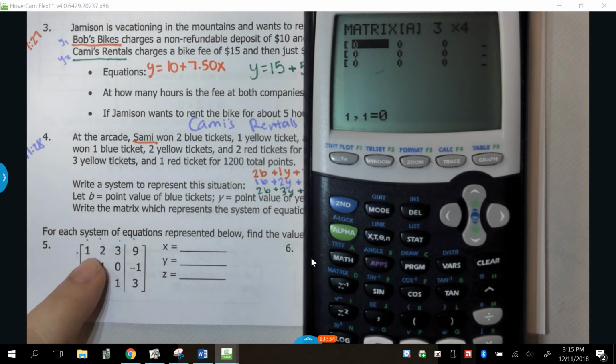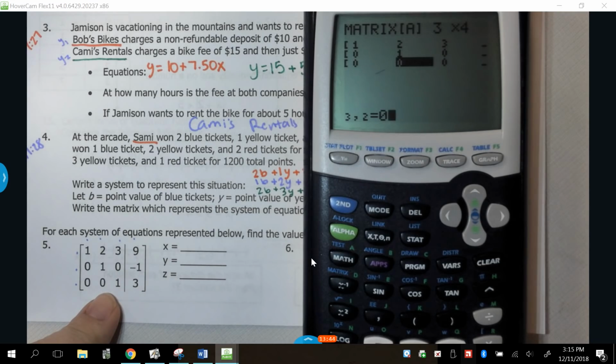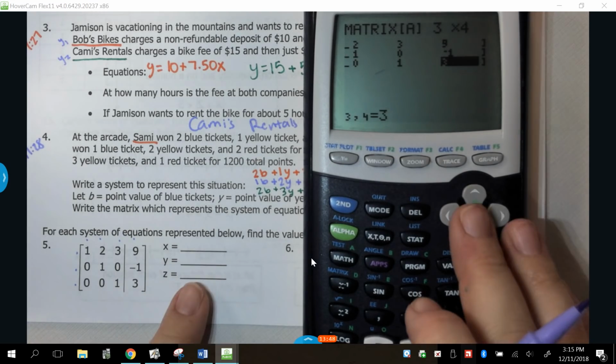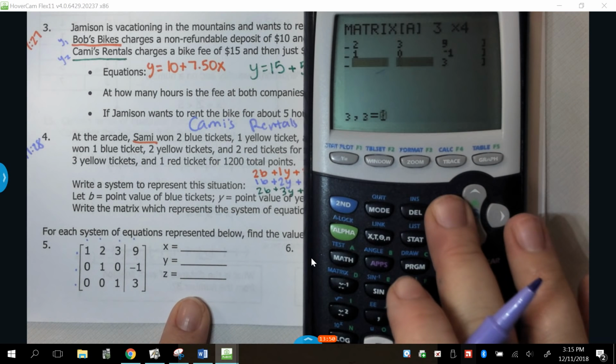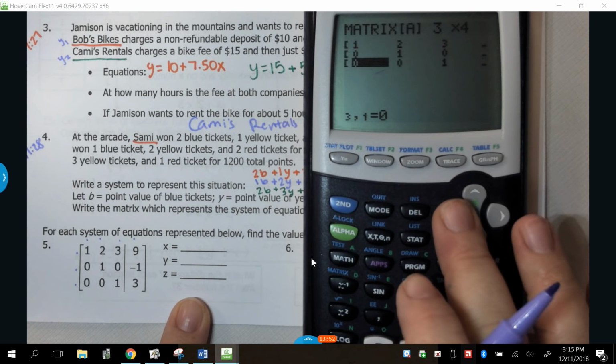And here's my matrix. So 1, 2, 3, 9, 0, 1, 0, negative 1, 0, 0, 1, 3. Okay, so double check. 9, negative 1, 3, 3, 0, 1, 2, 1, 0, 1, 0, 0.